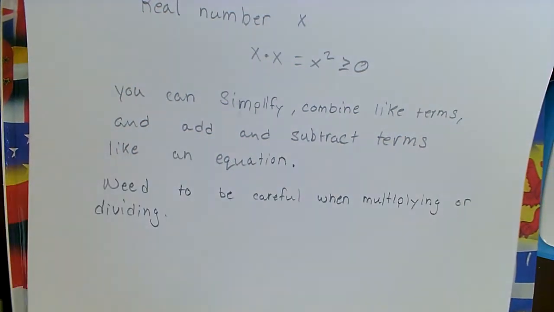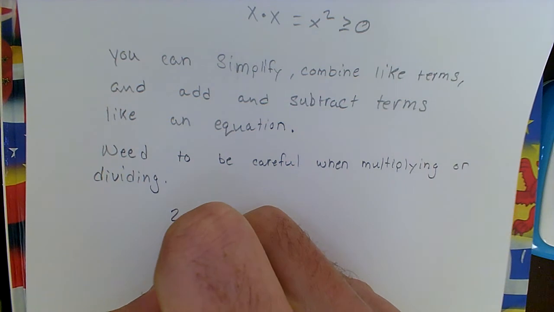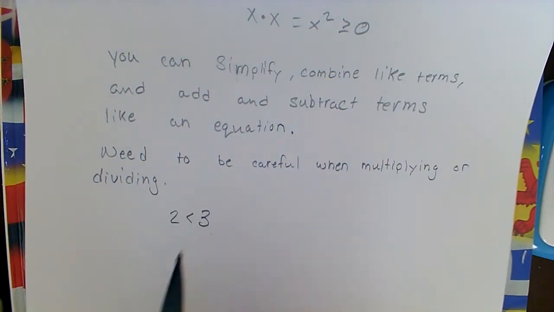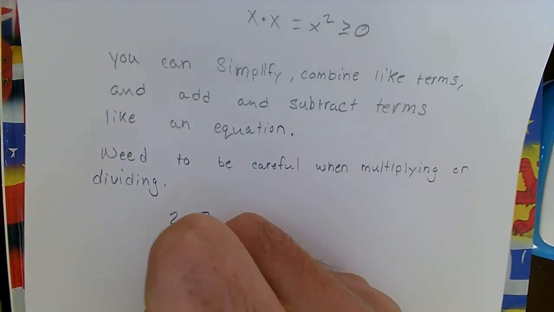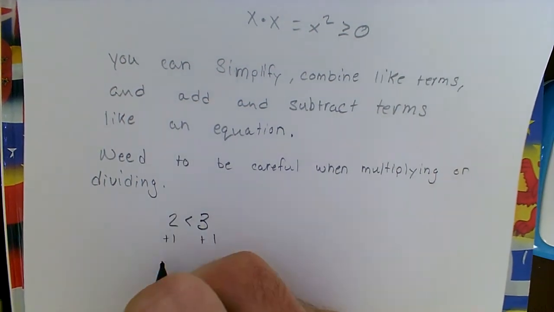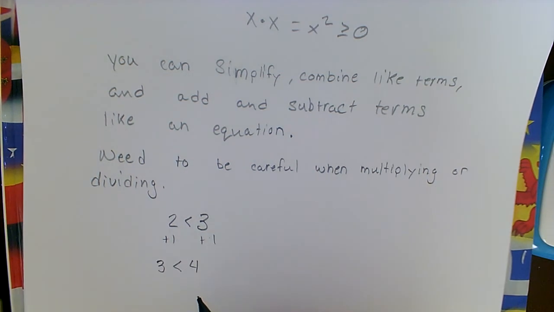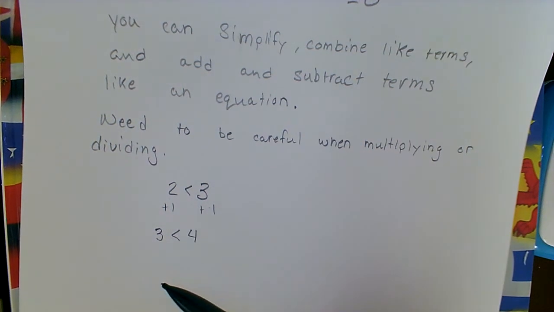For example, we already know this simple inequality, that 2 is less than 3. If I add 1 to both sides, which you can do, then we get 3 is less than 4, and the inequality remains true. So adding and subtracting, the inequality will still remain true.